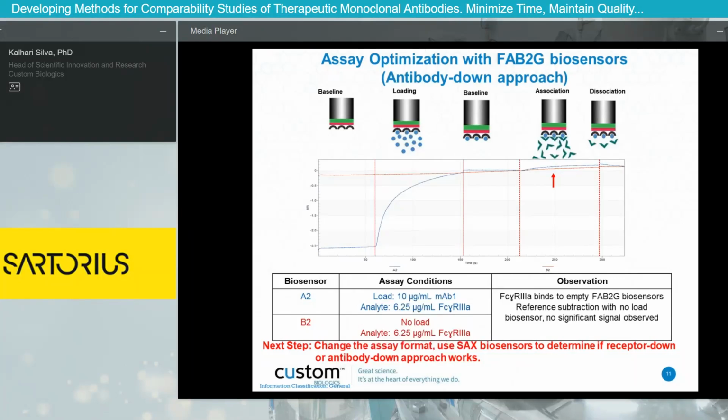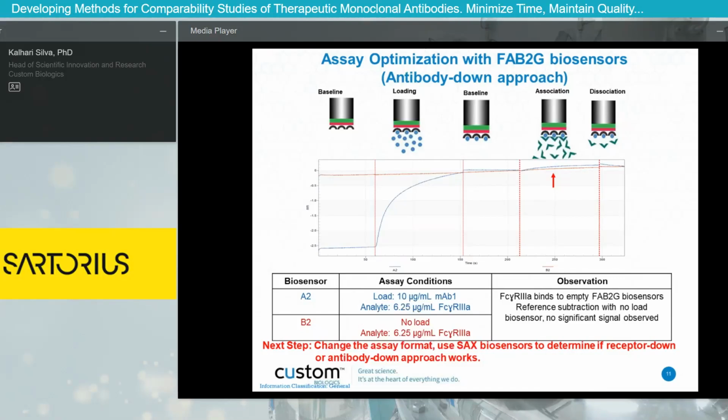But one might wonder, why didn't we increase the concentration of the analyte beyond 6.25 micrograms per ml? This was because Fc gamma R3A is a commercially supplied product, so it was becoming economically non-viable to pursue this approach, because we needed to buy a lot more quantity to proceed further.